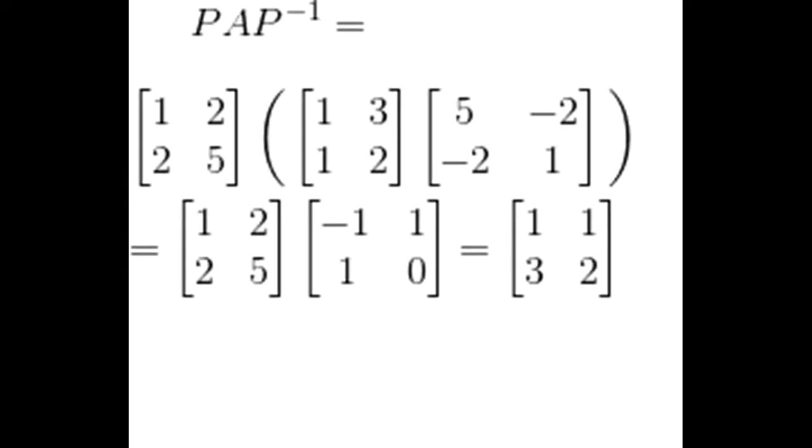We get 1, 1, 3, 2, or first multiply A P inverse and then multiply that by P. But the result in both cases is the same, which is the transpose of A. However, this example doesn't really shed light on what is going on. It's just an algorithm.